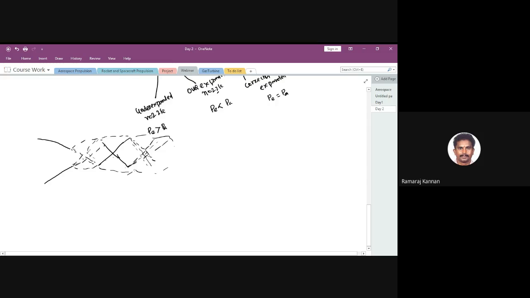So here what is going to happen at the exit of the nozzle? An oblique shock, sorry, an expansion fan is going to occur.